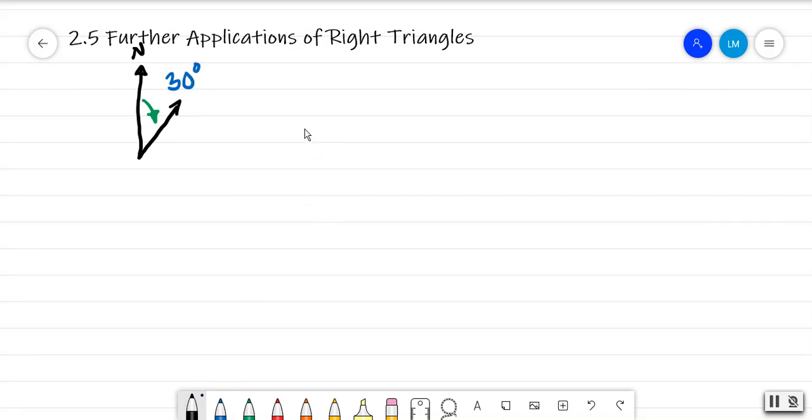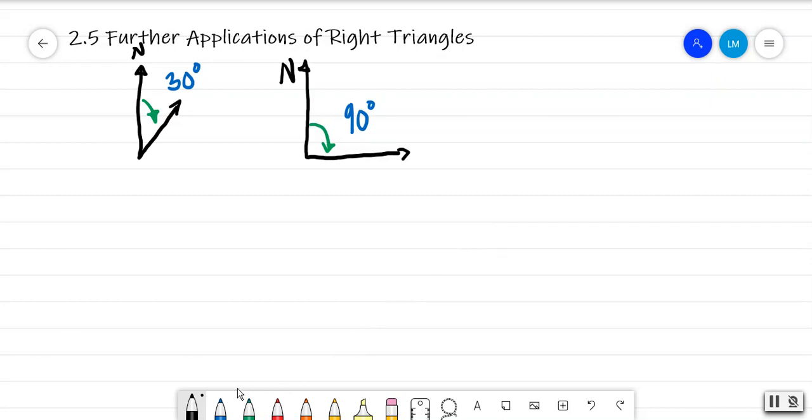Or say we have a bearing of 90 degrees. In this case, you'd have something like that, and you would say that that's a bearing of 90 degrees and that this is going to be north.